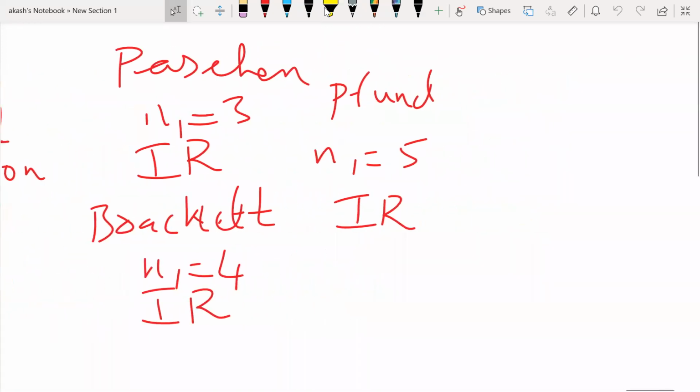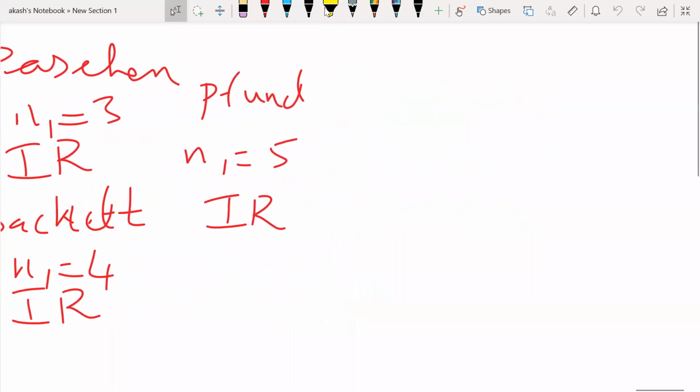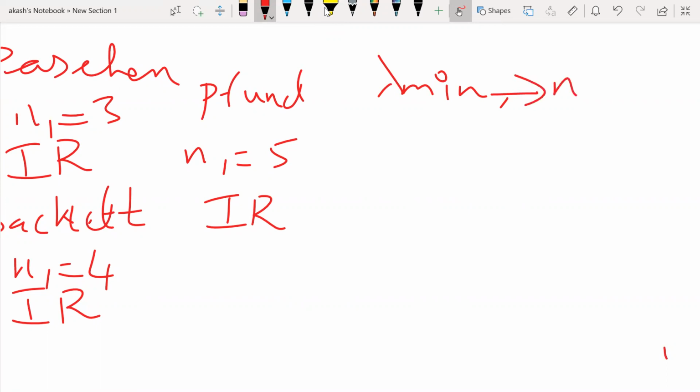Whenever they ask you about the shortest wavelength, lambda minimum, depending on the series the n1 value will be the same, but I'm talking about the n2 value. n2 value will be infinity. Please remember this. If you want, you can mathematically check.